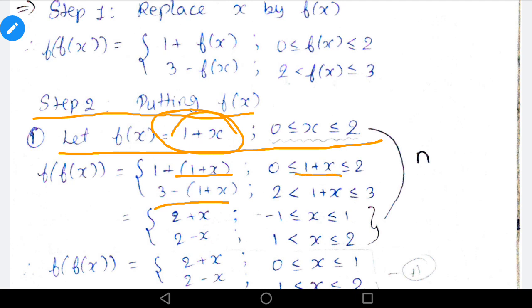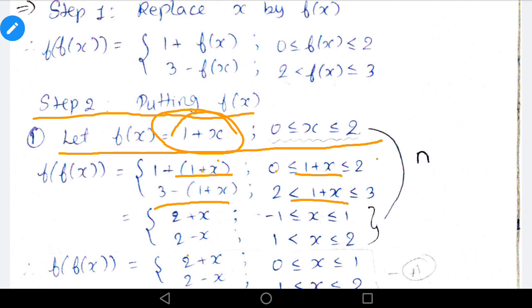So we get 1 plus x less than or equal to 2, greater than or equal to 0, and 1 plus x less than or equal to 3, greater than 2. Now we solve this. We get 1 plus 1 plus x, 2 plus x, and 3 minus 1 plus x, 2 minus x. Similarly, subtracting 1 from both sides, we get x from minus 1 to 1, and below we get 1 to 2.